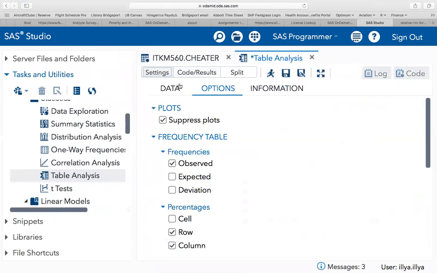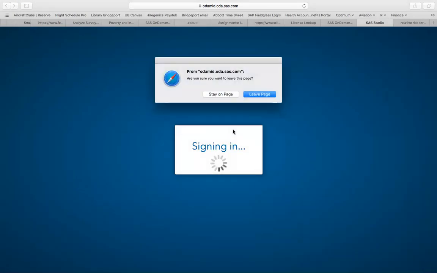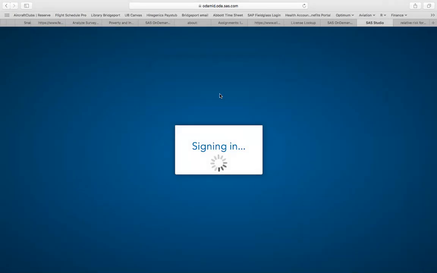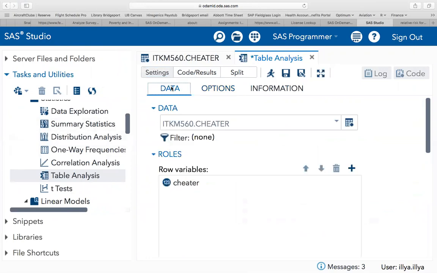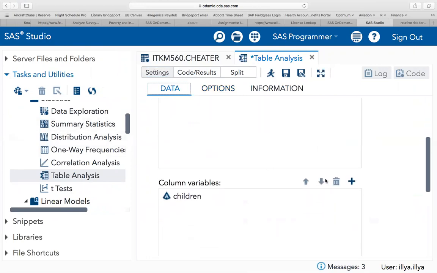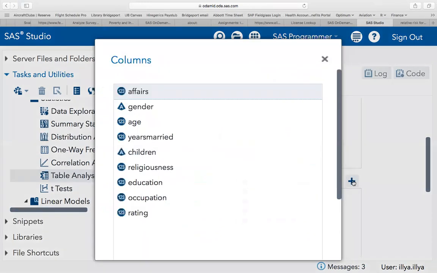I'm sorry, settings. Oh, not good. Sorry. So I want to go through this table, create this table with occupation, because this is a unique situation that you're going to encounter in your homework.